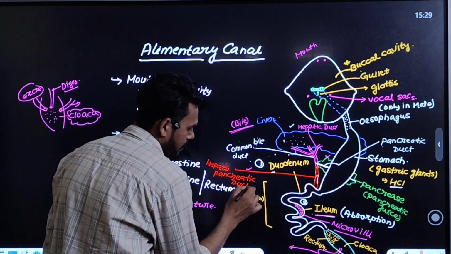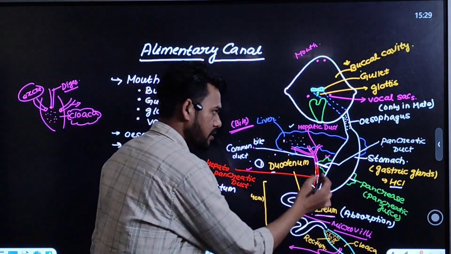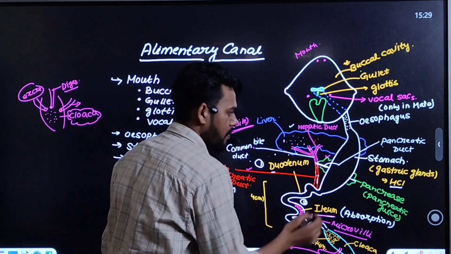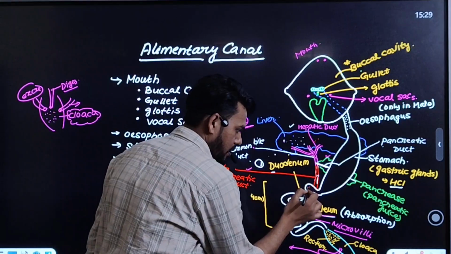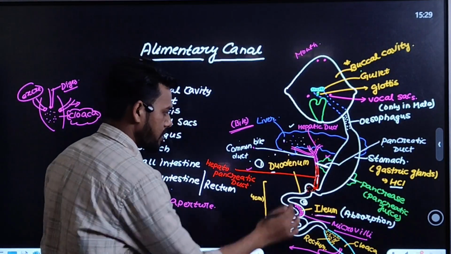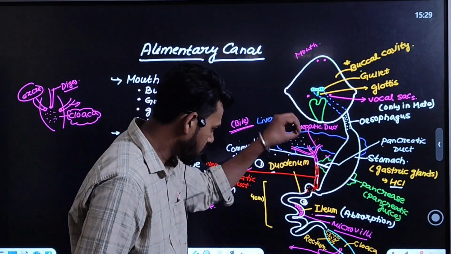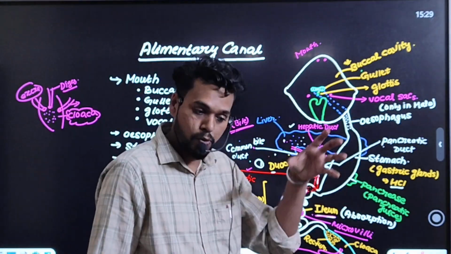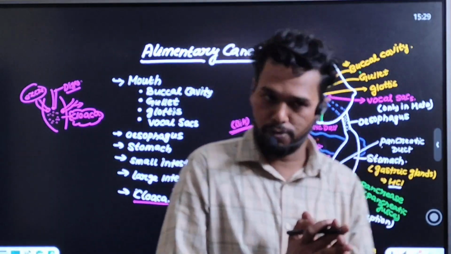Through the hepatopancreatic duct, the combined secretion of bile and pancreatic juice is released at this site, that is the duodenum. When these products are released in the duodenum, it becomes the site of complete breakdown of food.